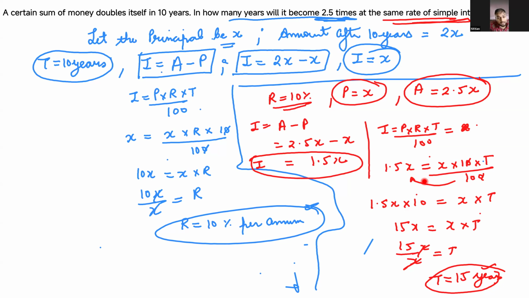We have to find the time in the end. But for getting the time, we don't know the rate, so first we calculate the rate, how much the rate of interest is. Then we go to the time.